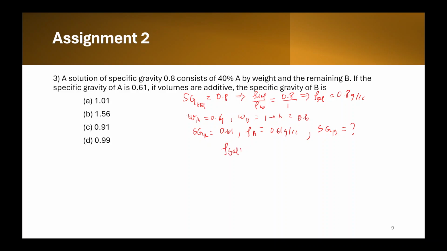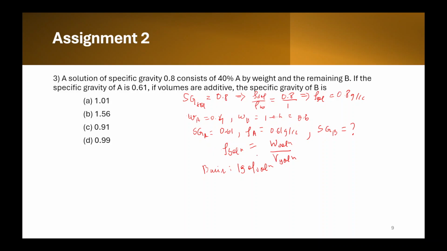Rho of solution can be found out by weight of solution by volume of solution. So if we take basis as 1 gram of solution, weight of solution will be 1 gram. We don't know what is the volume of the solution.